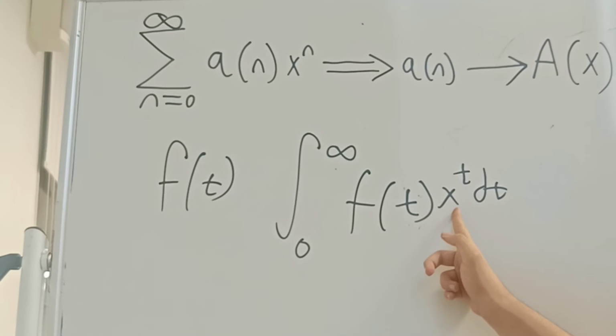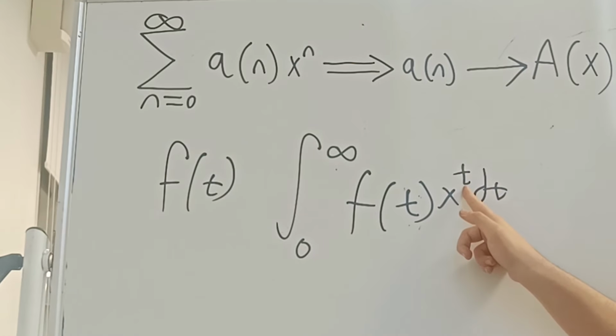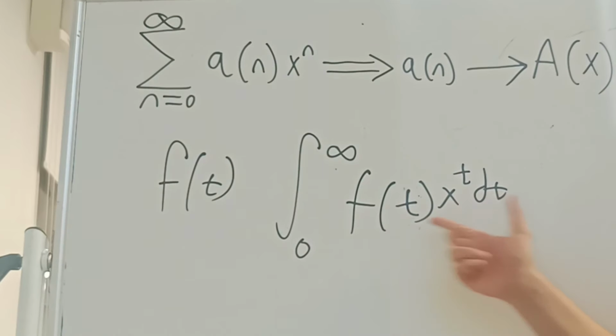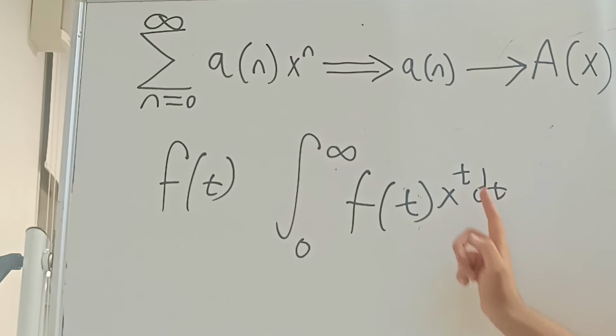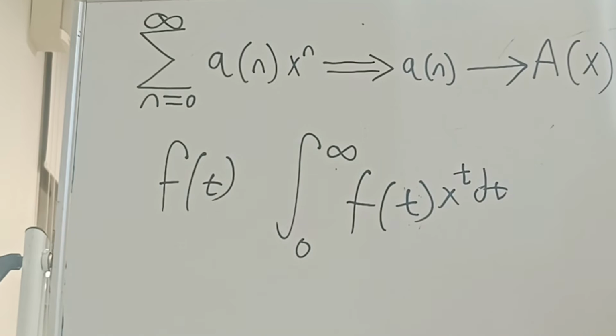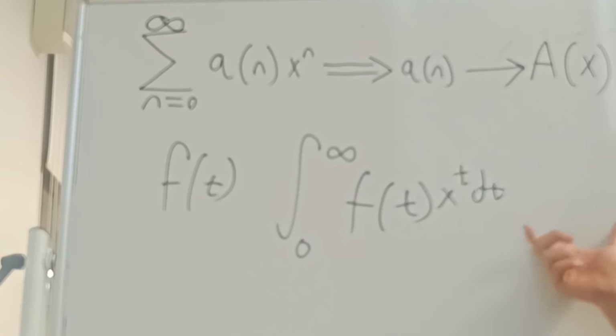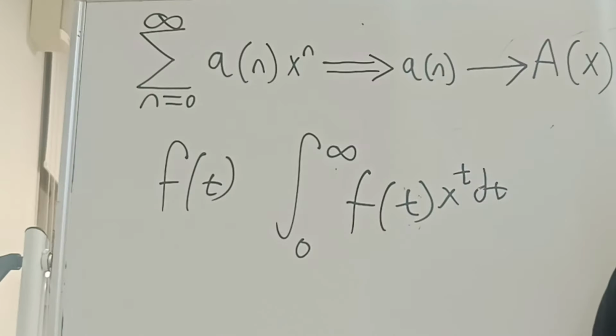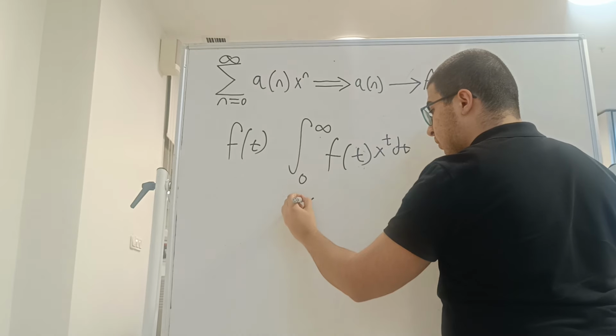This is problematic. We have t, which is the variable we are integrating over, in the exponent, and the base is x, which is just a constant for this integral. We're going to deal with this x as if it's a constant and get a function of x in the end. But we need to change this because we don't like bases other than e. So let's write x to the t in the e base.